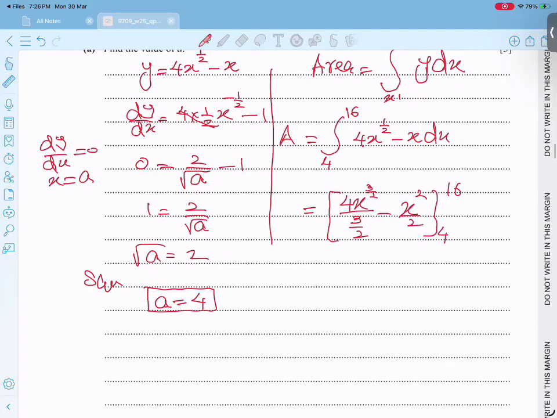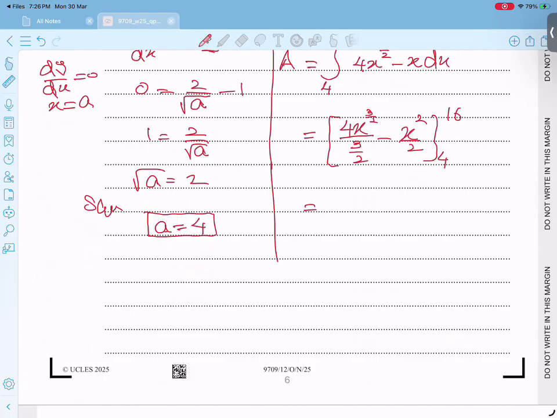Now, students, what to do onwards? You know how to handle this kind of fraction form. When I have 3 over 5 by 11, this 11 will go up, so it turns into this format, just as an example. So what about this? This 2 will go up and I get 8 by 3, x to the power 3 by 2, and x to the power 2 by 2, from 4 to 16.